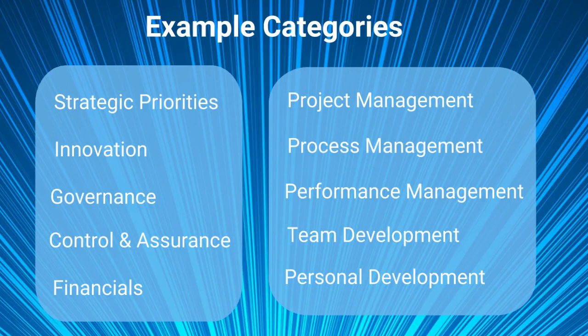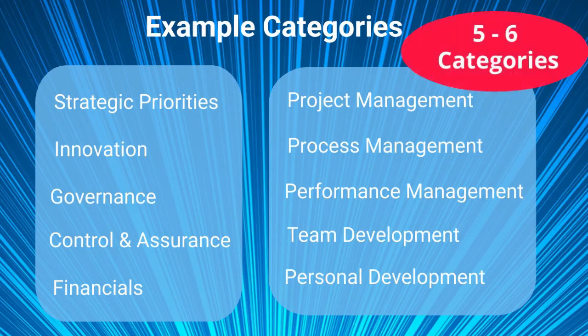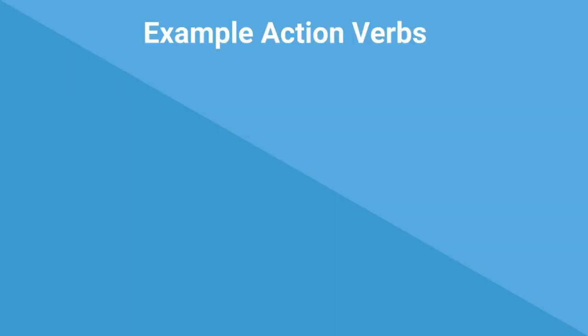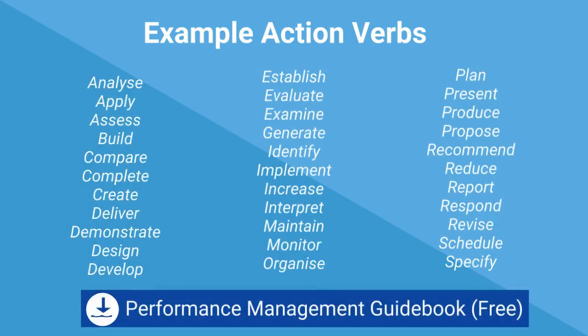It is also really helpful to divide your objectives into categories. Here are some examples. Aim for no more than 5 to 6 categories in total, and each category will need to adhere to SMART criteria. It is also really useful to have a list of action verbs to hand as you write objectives. Here are some examples.